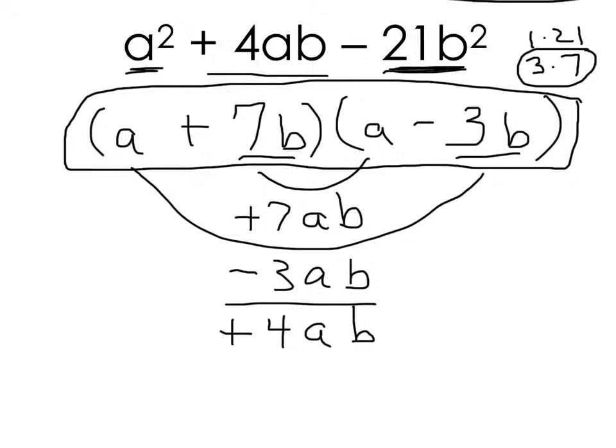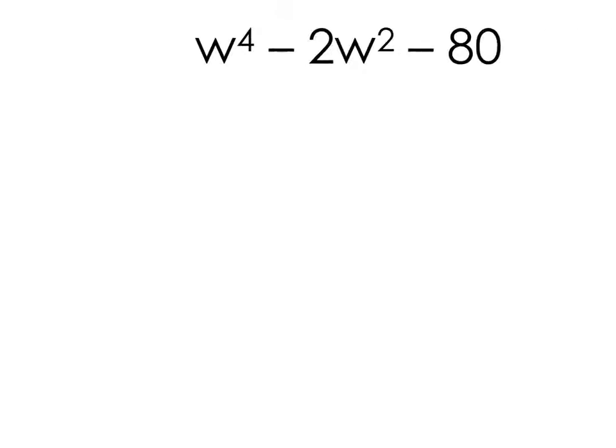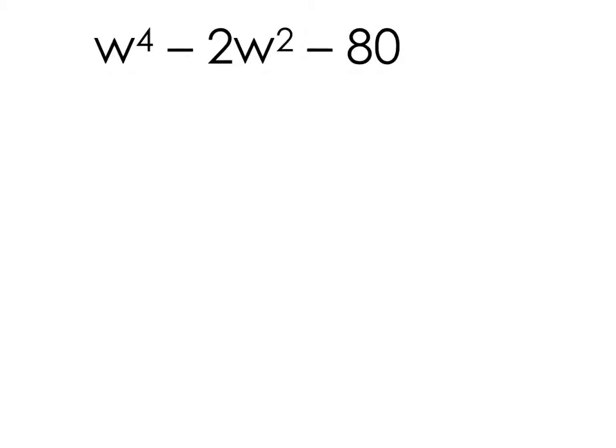We have factored a squared plus 4ab minus 21b squared. One more problem. This one's a little different too. We've got w to the fourth for the first term. So when we multiply the first two terms together, we want to get w to the fourth power.